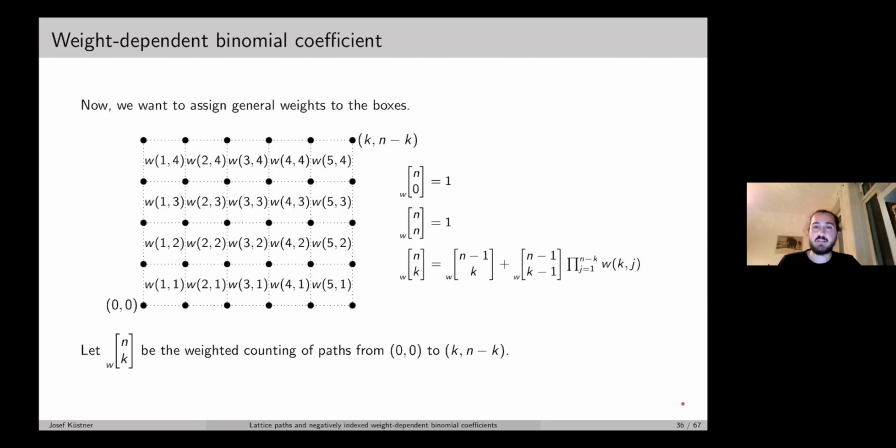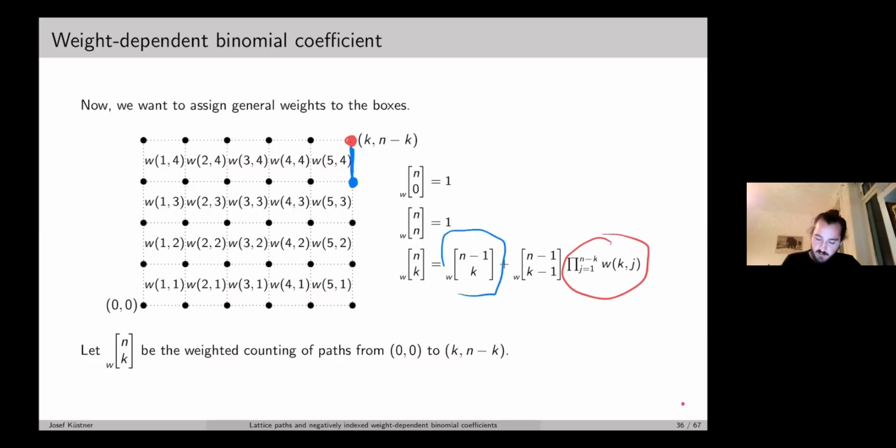And for all the other cases, we again have this recursion formula. Now we have a more complicated weight. Where does it come from? If we take all the paths that start from 0, 0 and go to k, n minus k, they end here. We have to distinguish: either the last step comes from south, like this one here, so the path before ended here.